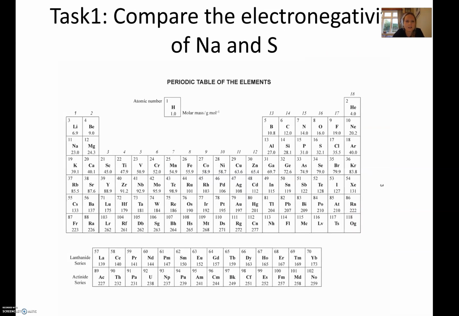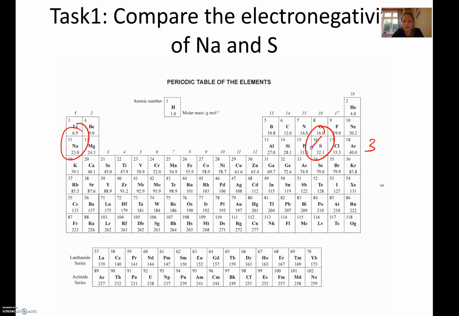Okay, so here's a task to make sure that we've actually understood this. It says compare the electronegativity of Na and S. Na and S are both in period 3, therefore they both have 3 energy levels, and therefore shielding by inner shell electrons will be the same.